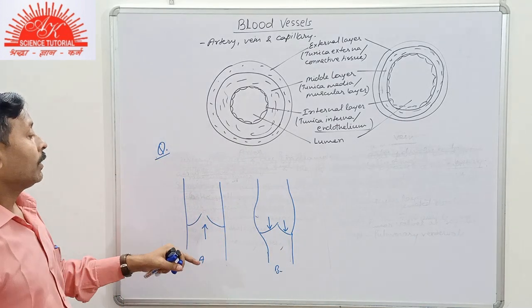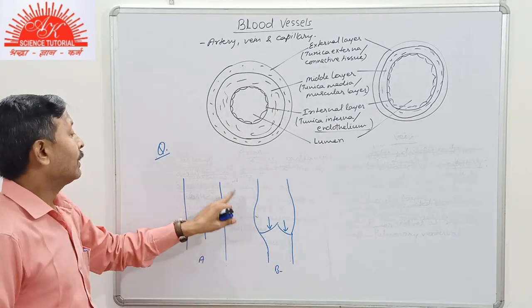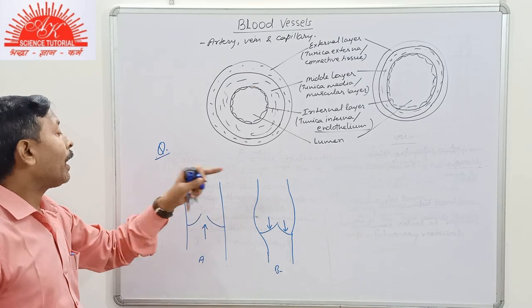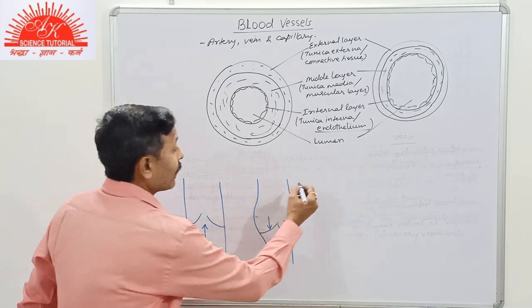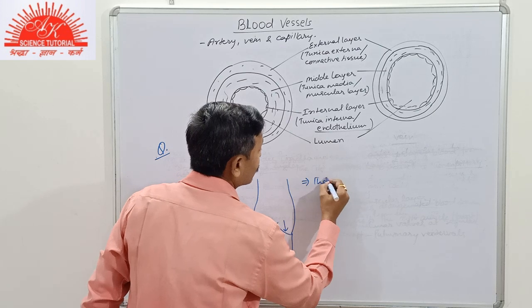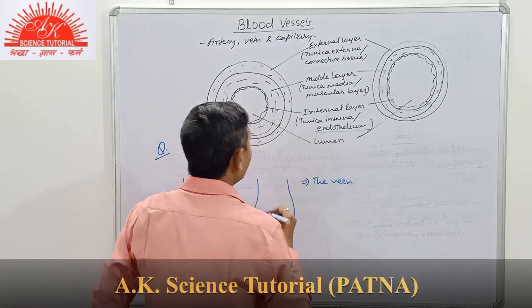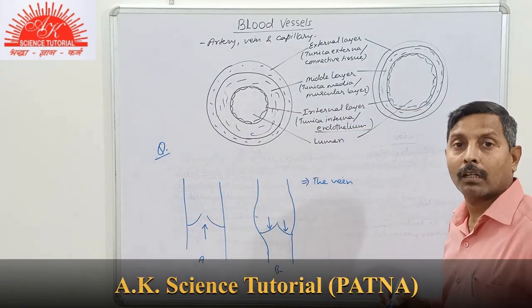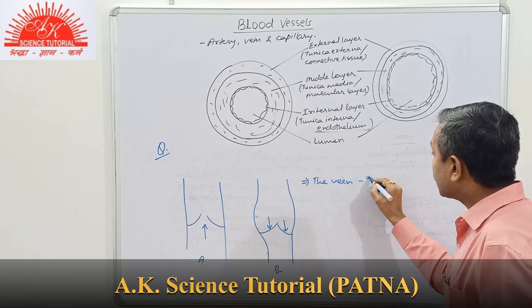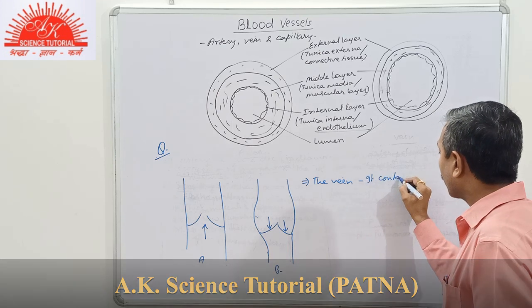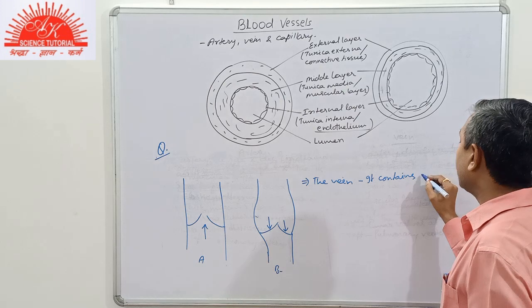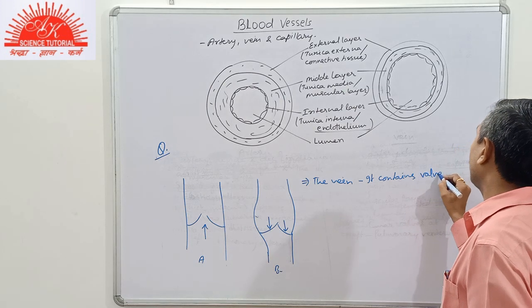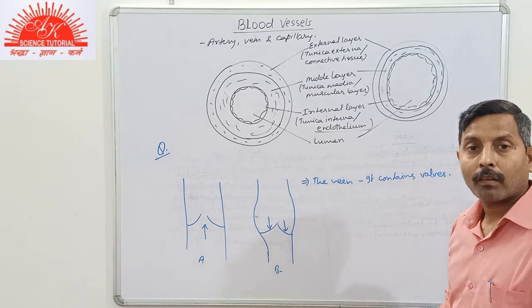First of all, the question was asked to identify the blood vessel. Then it was the vein. And what is the reason behind it? The reason is that it contains valves, semilunar valves.